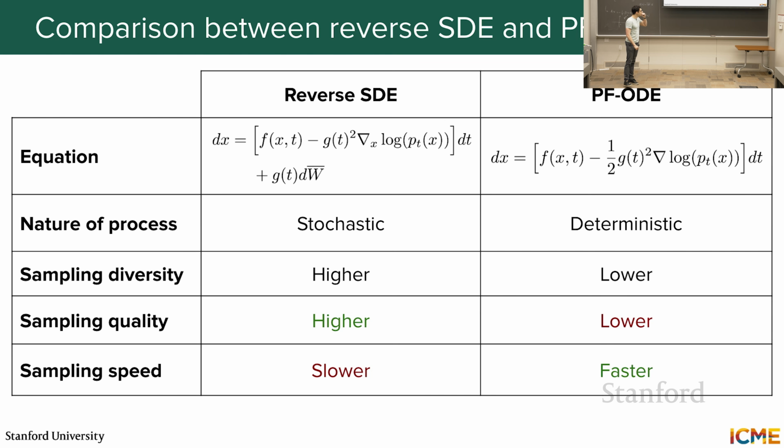So that's one big difference that you might remember from last time, resembles something that you know. And as a result, since the only source of diversity is now your initial draw, you have less sampling diversity. And interestingly, when you look at experiments, you have higher sample quality.